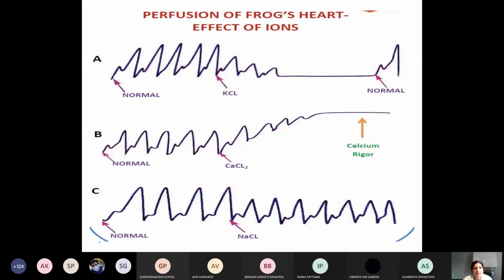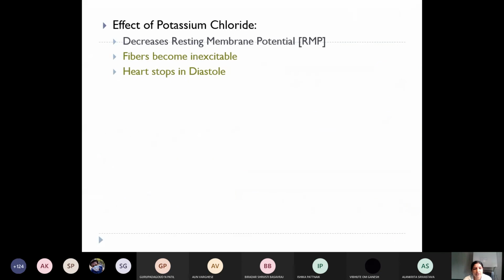So all these three, potassium, calcium and sodium ions. Now we will see what is the physiological basis for this. First, taking potassium chloride, how it decreases the heart rate and force of contraction and the heart remains in diastole is, it decreases the resting membrane potential, right? So the action of potassium chloride is on the resting membrane potential.